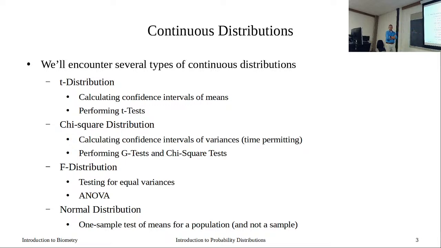So with our discrete distributions, we'll use those probabilities to get our expected value, and then we can use a G-test or a chi-square test to determine if our observed matches our expected value. We could also use a chi-square distribution to generate confidence intervals of the variance. Now I have this as time permitting. We never have had time permitting for this.